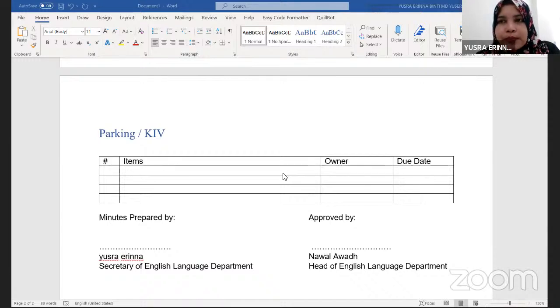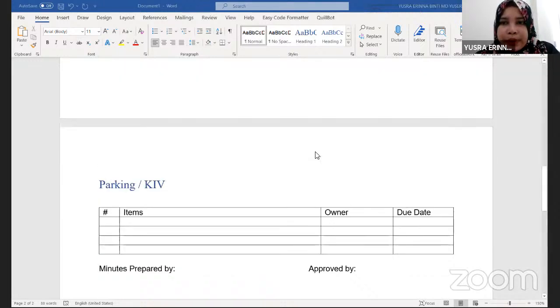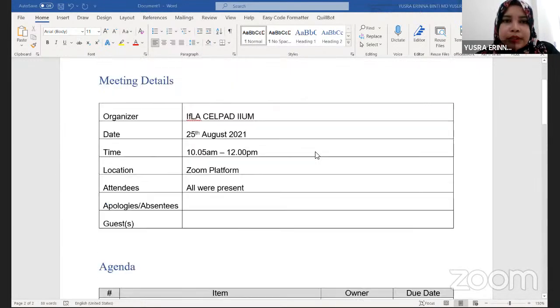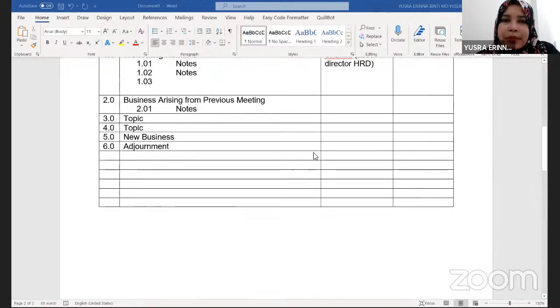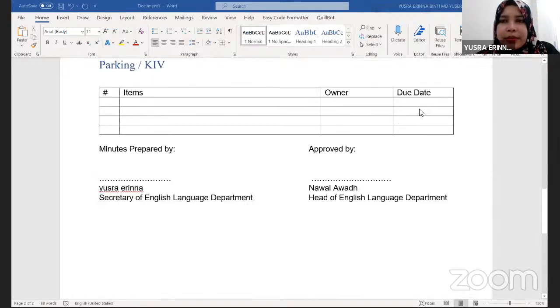So you need to refer to the previous minutes of meeting by your department. As far as my department is concerned, we are not using check by, not because it's not important, but because it could be checked by many people.